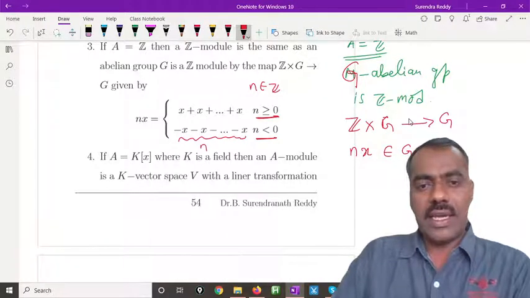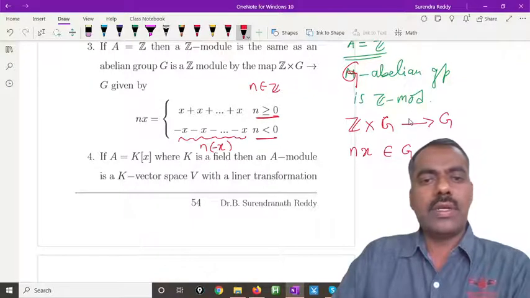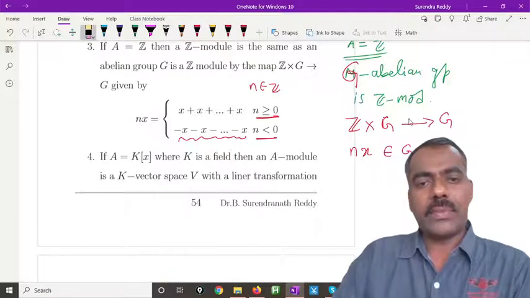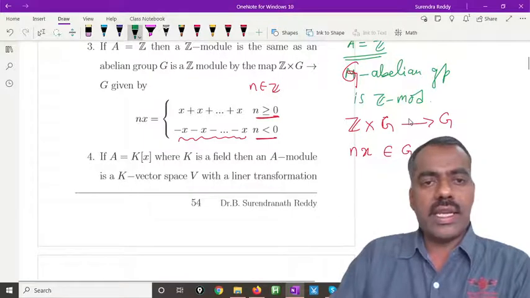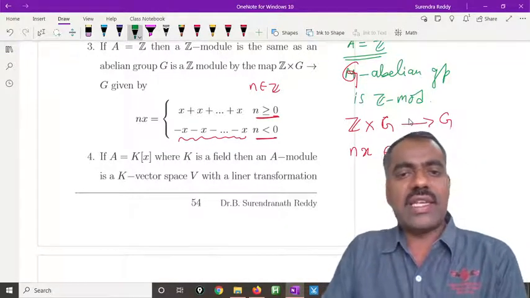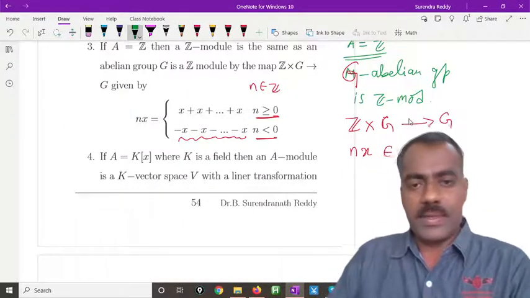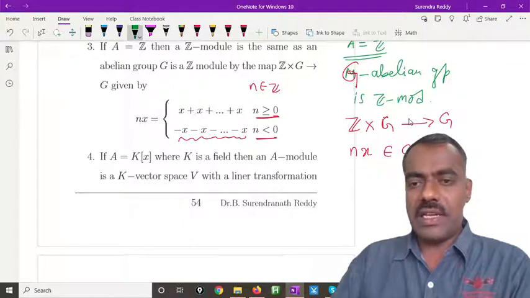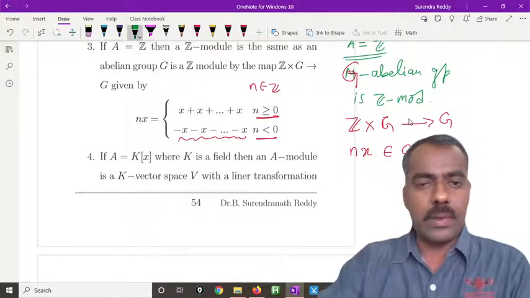So if n is greater than or equal to 0, nx is the same as adding x n times, and if n is less than 0, nx is the same as adding minus x n times, right? So therefore this map is clearly well defined, and hence any abelian group is actually a Z-module, right?